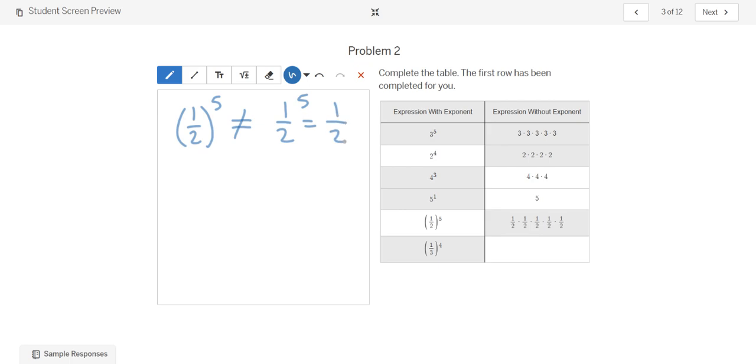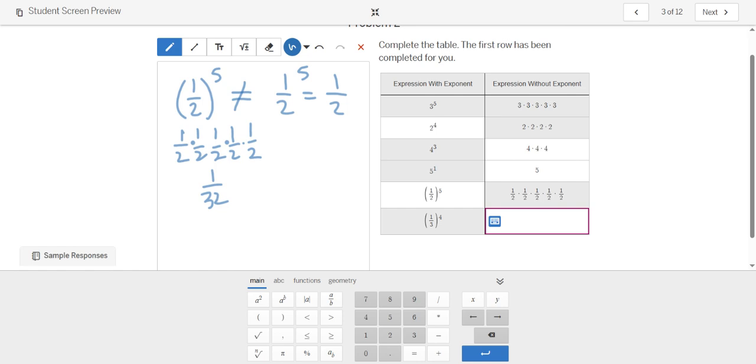That's just 1/2, which is not the same as 1/2 to the fifth power, because that would be 1/2 times 1/2 times 1/2 times 1/2 times 1/2, which is 1/32. They're totally different things.